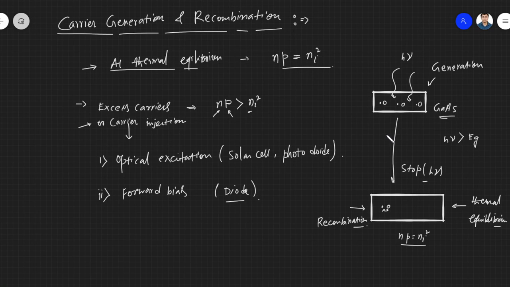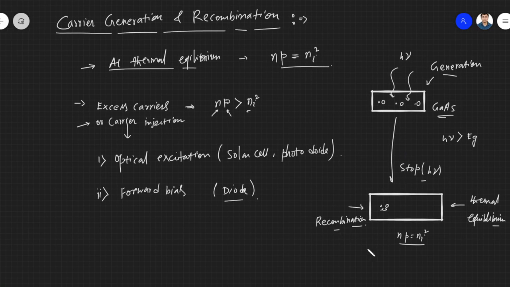The recombination rate also increases, and with light also, the system will achieve an equilibrium condition where the generation rate is equal to the recombination rate. We'll derive those conditions.